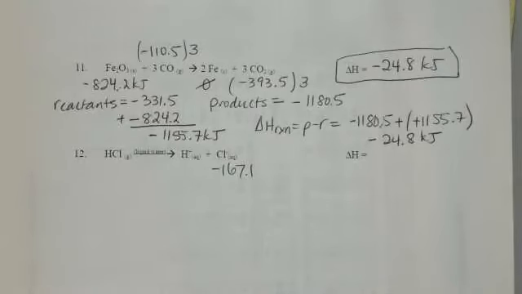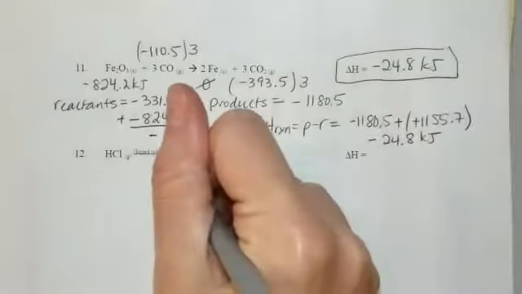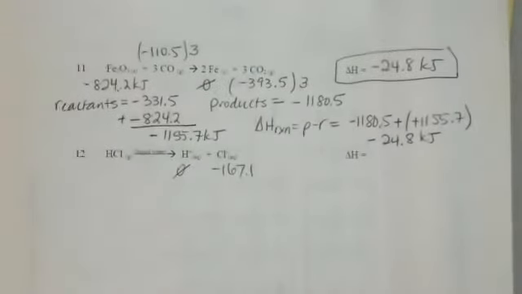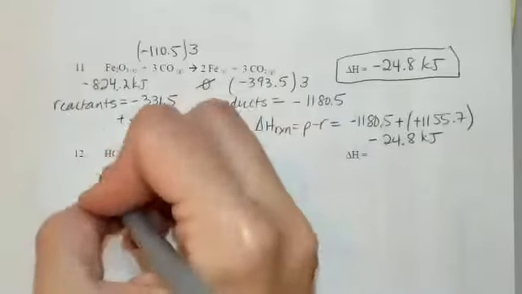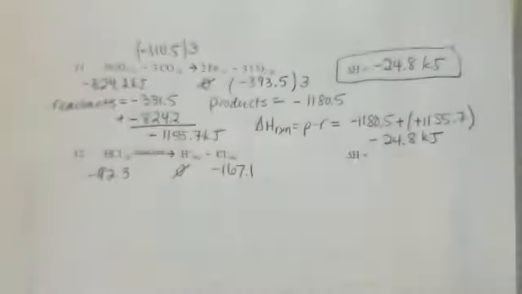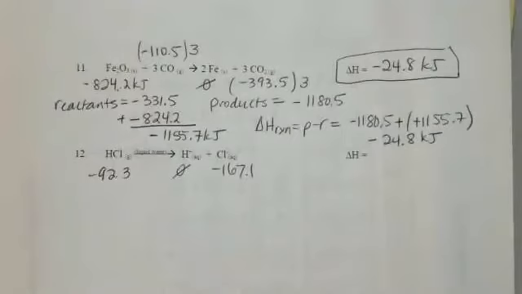Then when I go to my hydrogen, I've got H plus also in solution, and that has an enthalpy of formation of 0. And then the hydrogen chloride, making sure is that a solution or a gas, and this one it's a gas, it's negative 92.3. So negative 92.3, just making sure I grab the right number. Yep. So this one is a little bit easier because there's no coefficients to worry about.